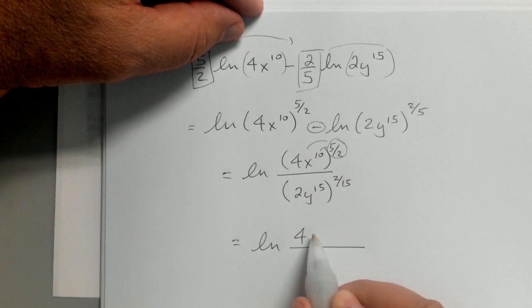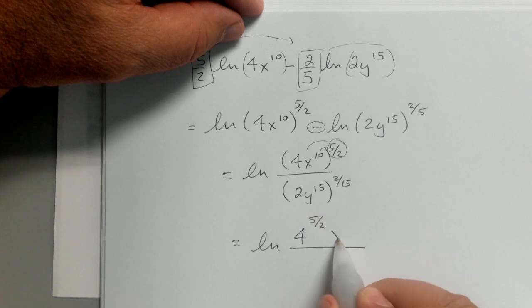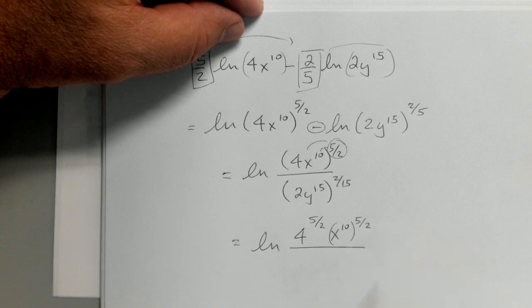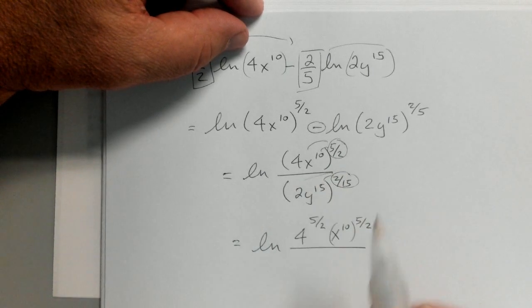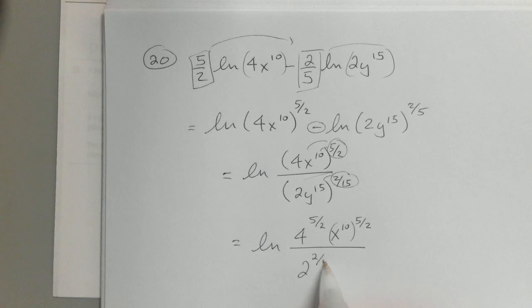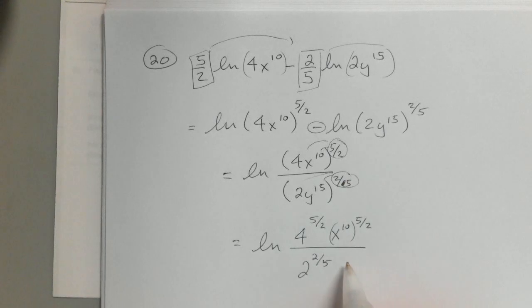So we have 4 to the power 5 over 2, 10 to the power 5 over 2, and same thing here: 2 to the power 2 over 5, y to the 15 to the power 2 over 5.